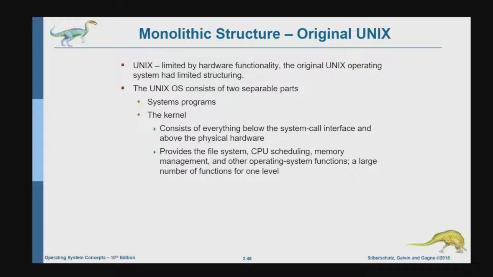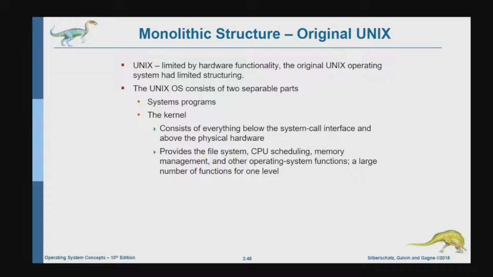Again, we heard about the kernel. The kernel consists of everything below the system call interface and above the physical hardware. It provides the file system, CPU scheduling, memory management, and other operating system functions, a large number of functions for one level.